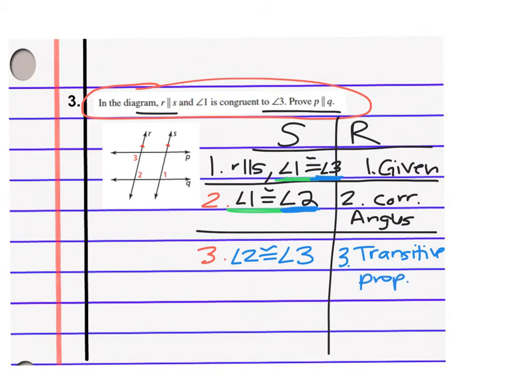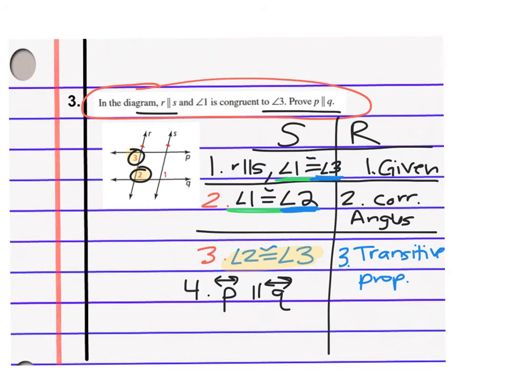Okay, then I'm going to highlight angle 2 and angle 3. Angle 2 is right here. Angle 3 is right here. What kind of angles are those? If those are congruent, I can say the lines are parallel. I can say that P is parallel to line Q. And what kind of angles are 3 and 2?